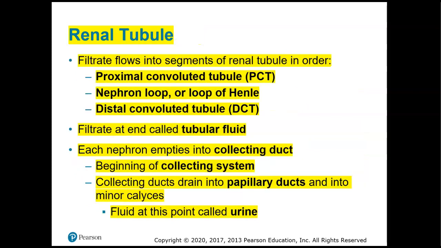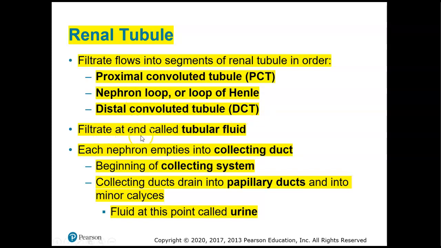Then we move on to the renal tubule portion of the nephron, and that consists of the PCT, the nephron loop or loop of Henle. I will call it the nephron loop because that's the term your e-text uses most often. But PCT, nephron loop, and DCT. These are the components of the renal tubule.